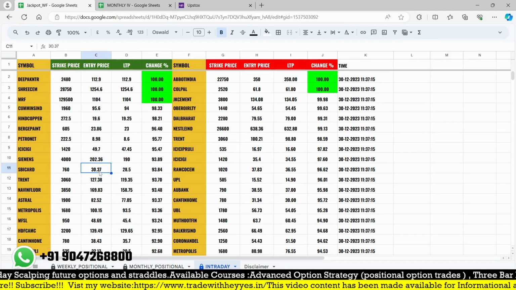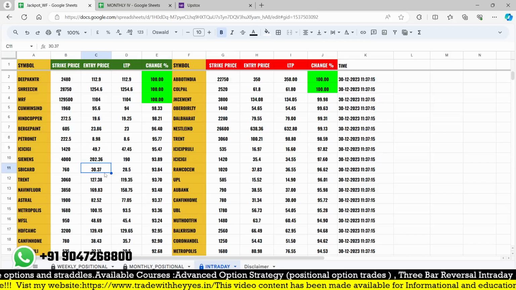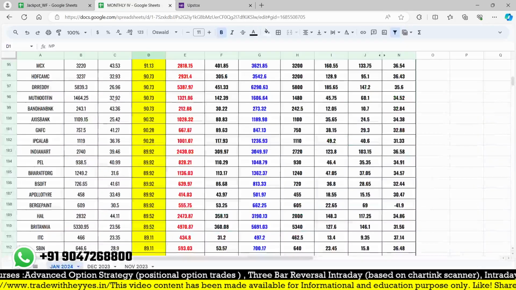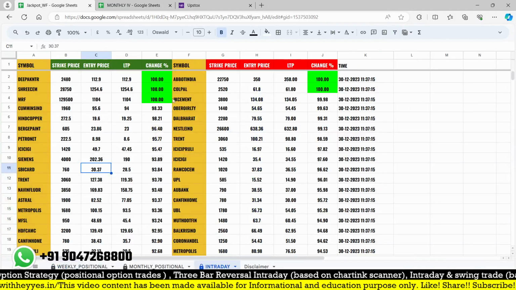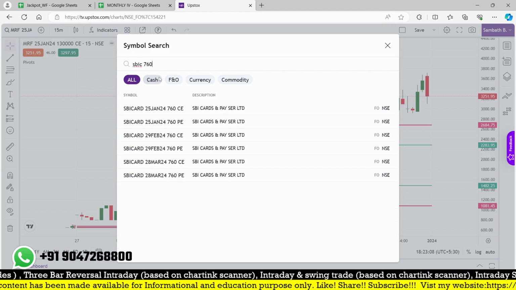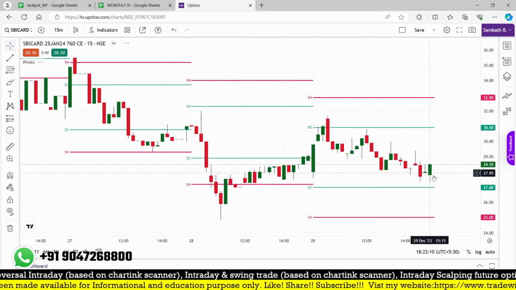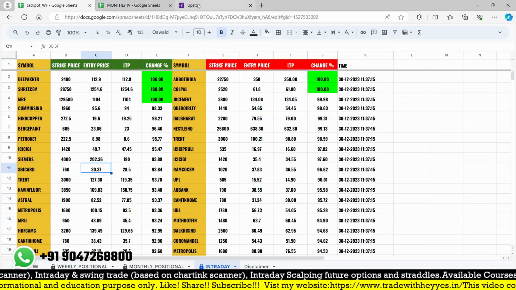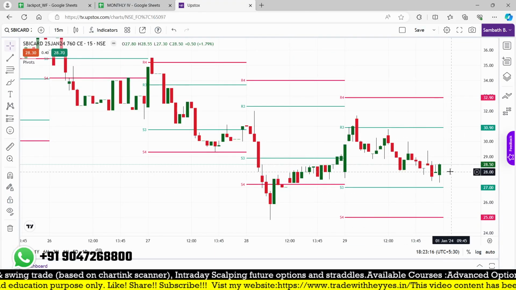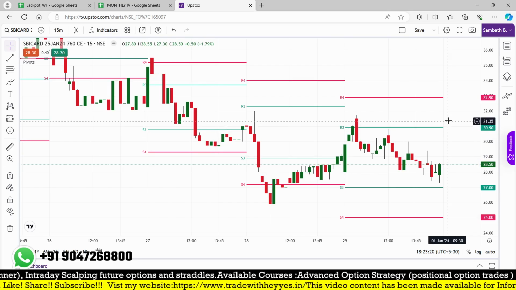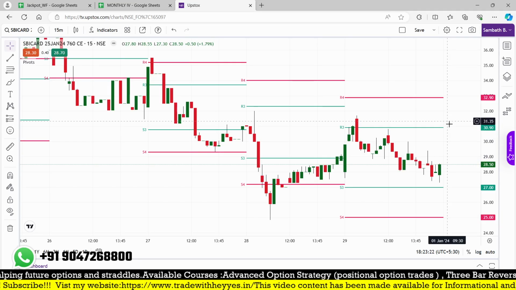Tomorrow's level we calculate today, but if you are watching the charts it will not be available. Take SBI Card 760 call option: this is today's level, and tomorrow's level should be 30 plus, but the current price is 28.5. 30 plus is our entry point. If it breaks above 30 plus, it should be a breakout.